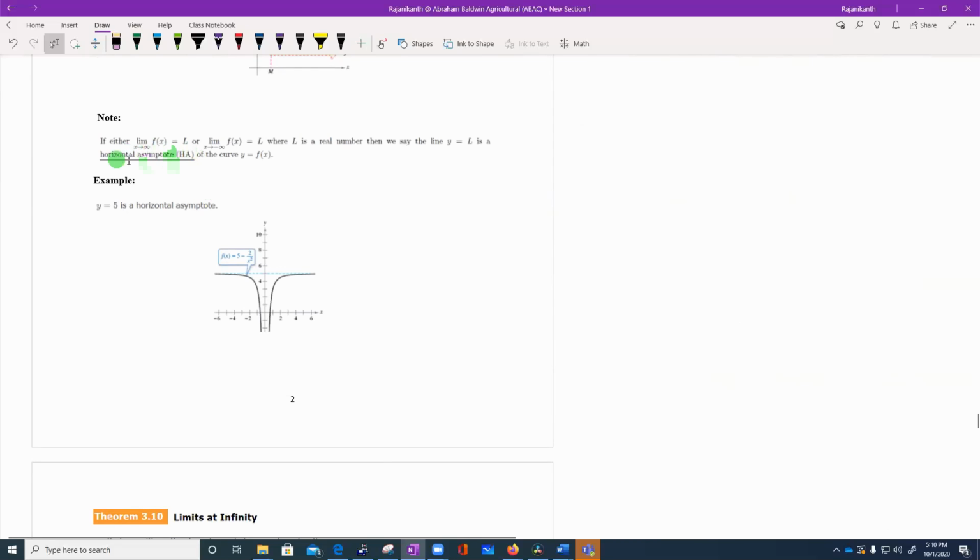If you are asked to find the horizontal asymptotes, you are looking for the y value, the function value, the good real number, that the function approaches when x approaches either positive infinity or negative infinity. That value L with the line: for example, if L is 2, then the line y equals 2 is called the horizontal asymptote of the given function y.